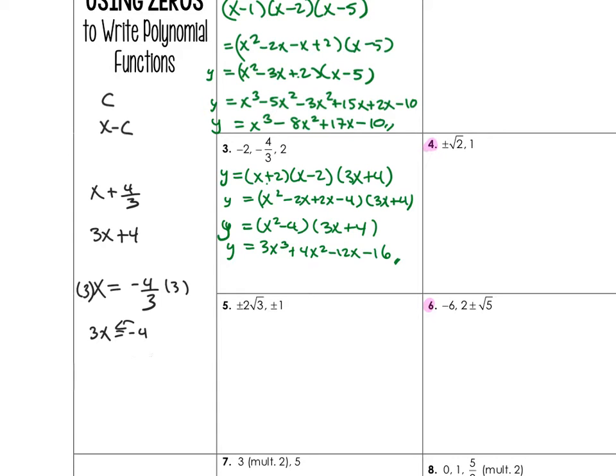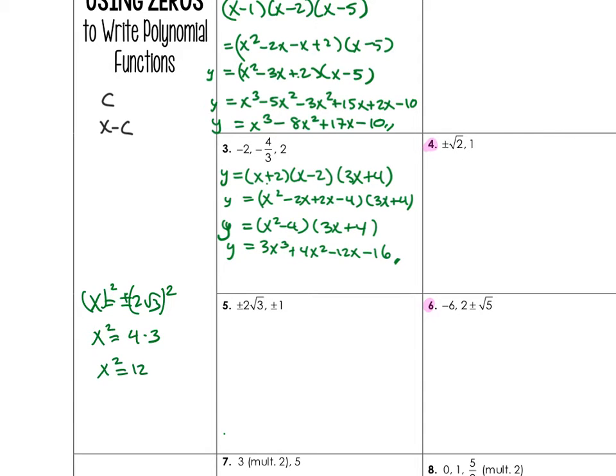Let me erase here just a little bit so I have a little bit more space. So on the next one, I have that x equals plus or minus 2 times the square root of 3. If I square both sides, I can cancel out that square root, so I have x squared equals 4 times 3, so x squared equals 12.